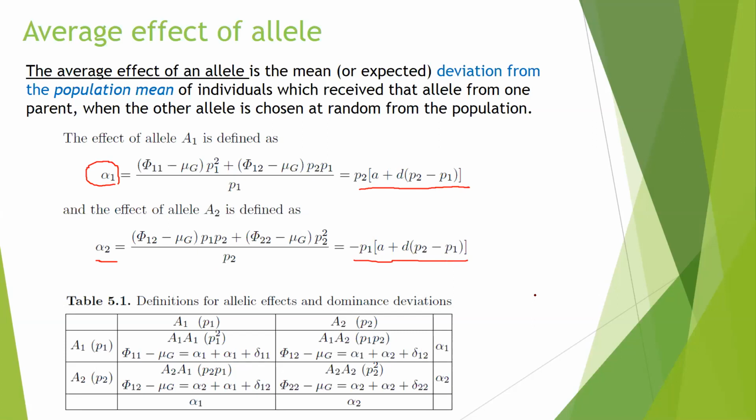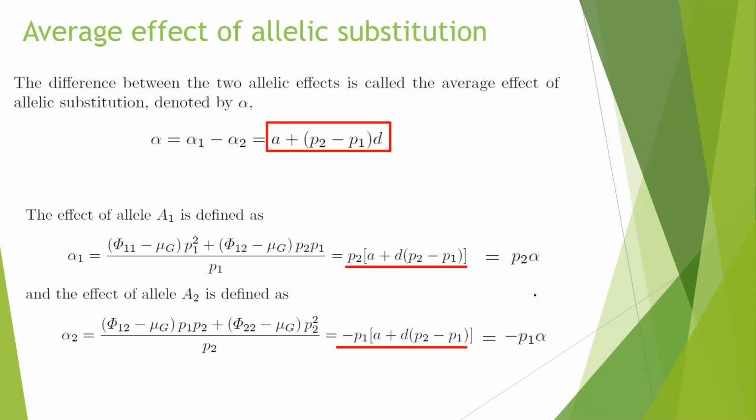Okay, now, if we define alpha 1 and alpha 2, we can take the difference between these two and define this as alpha. So alpha is the difference between the two allelic effects. And we call this term the average effect of the allelic substitution.